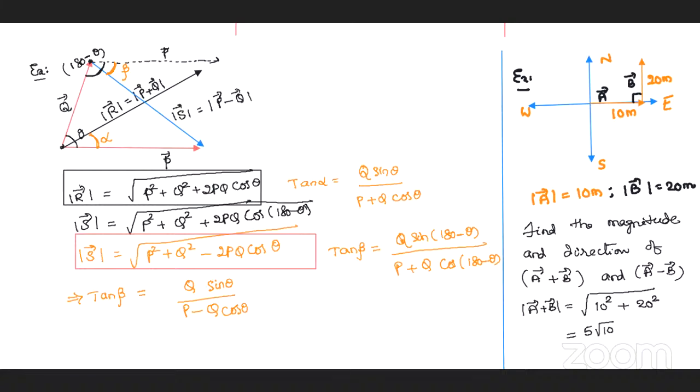In the same way, mod of A bar minus B bar also needs no checking, because again they are perpendicular, so Pythagoras: root of 10 square plus 20 square, which is again 5 root 10.